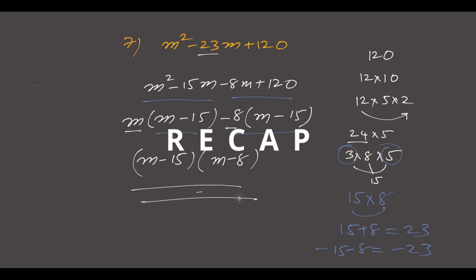So it is very tricky to divide 120 in such a way that you have to get minus 23. How can we do it? First initially you just simply take two numbers. But then you have to split these two numbers further, like we did. 24 into 5 no more is going to get 23. So 24 we split into 8 into 3. Why?